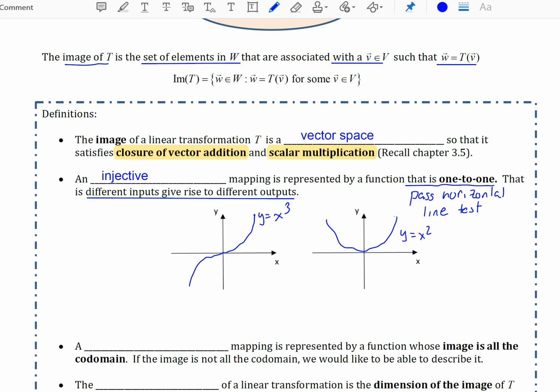One of these two functions is injective, or put another way, one-to-one. And it would be the one that passes the horizontal line test. However, the terminology we use is different inputs give rise to different outputs.